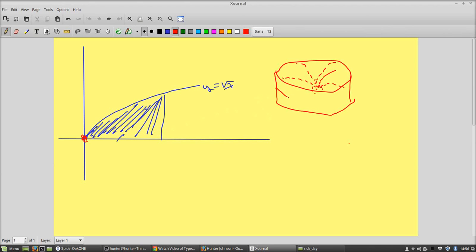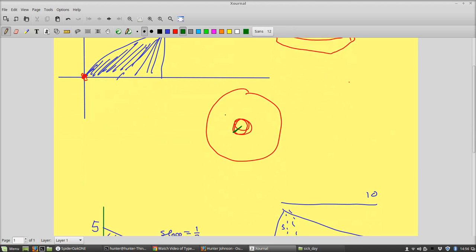And if you take a cross section of this, it will be a washer like this. And where are the inner radius and the outer radius of the washer coming from? The washer has an inner radius and an outer radius.